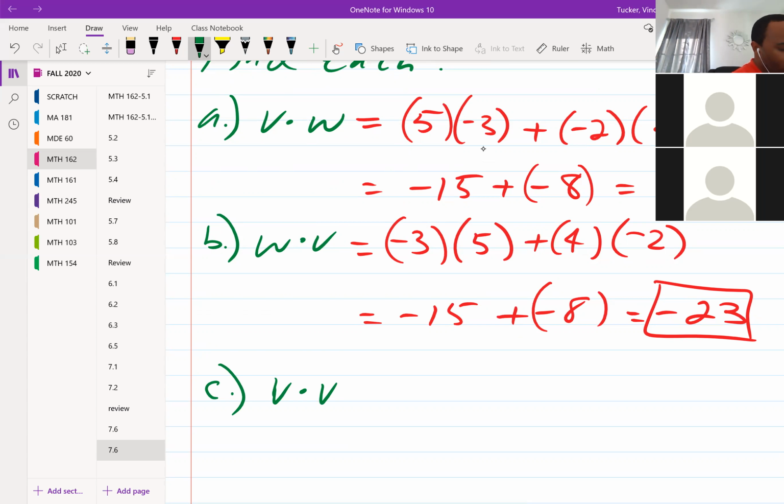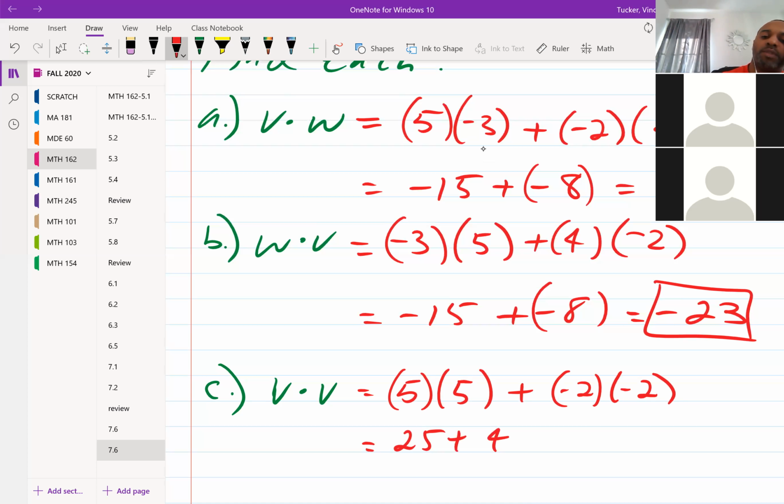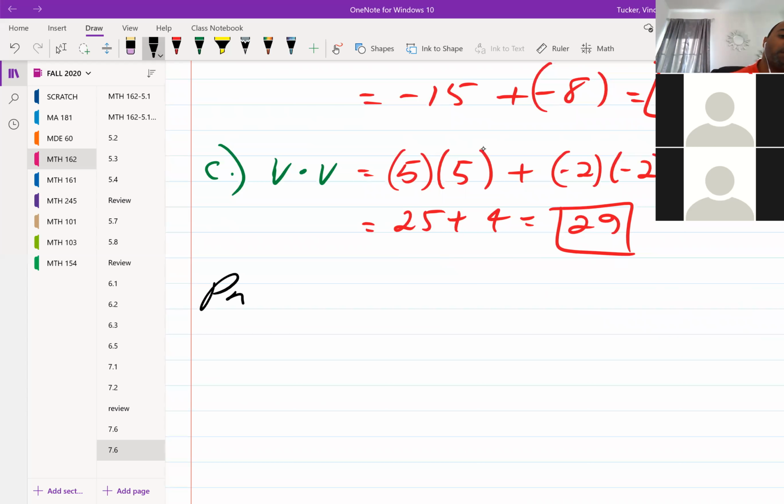All right, so then V dot V, the dot product of V with itself: 5 times 5 plus negative 2 times negative 2, 25 plus 4, which is 29. All right, problems with dot product so far? No. Thank you, sir.